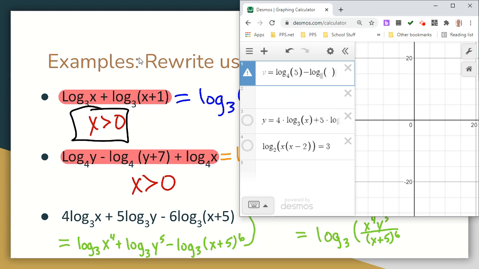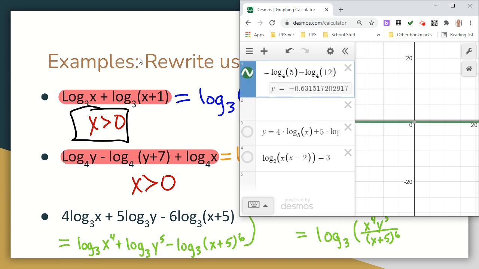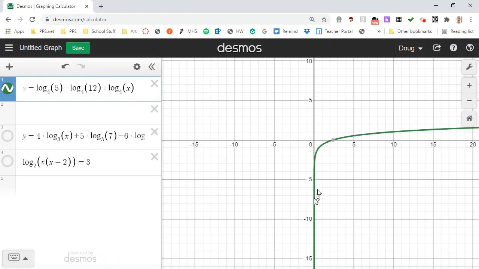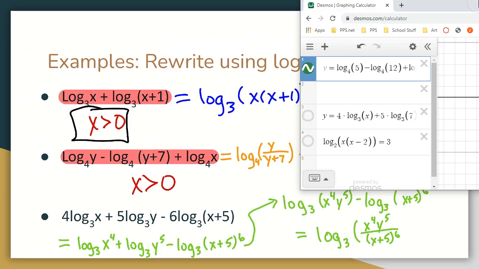Minus log base 4 of 5 plus 7. That's 12. Because right here it's a y plus 7. And I just decided that y was going to be 5. Plus log base 4 of x. And again, we can see that x can be greater than 0.